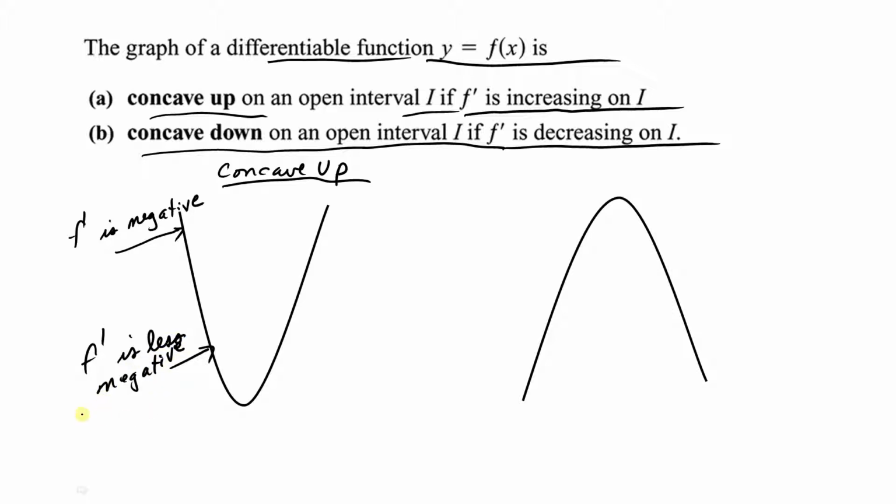Therefore, we conclude that f prime is increasing. On the other side of the point where f prime is 0, f prime is more than 0 and it's positive.